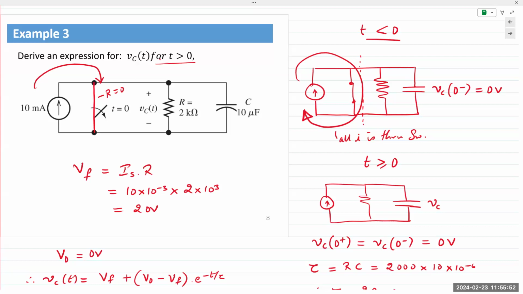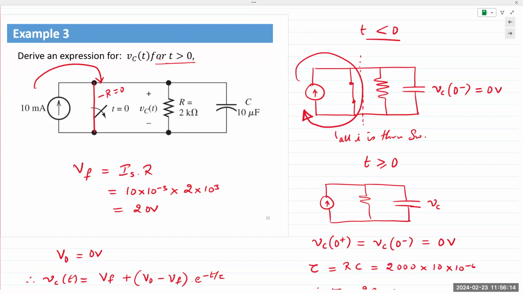But the purpose of using this in this particular example is to show that the capacitor is disconnected from the rest of the circuit. Whatever charge the capacitor had in the past has been discharged through that resistor R. That's the only purpose of showing this short circuit.